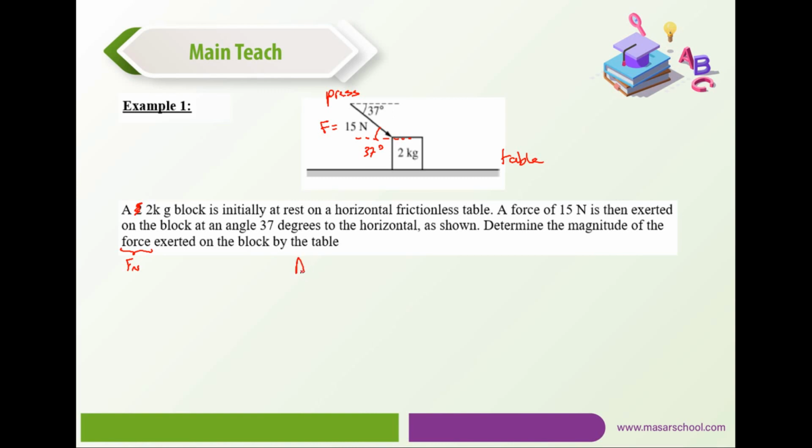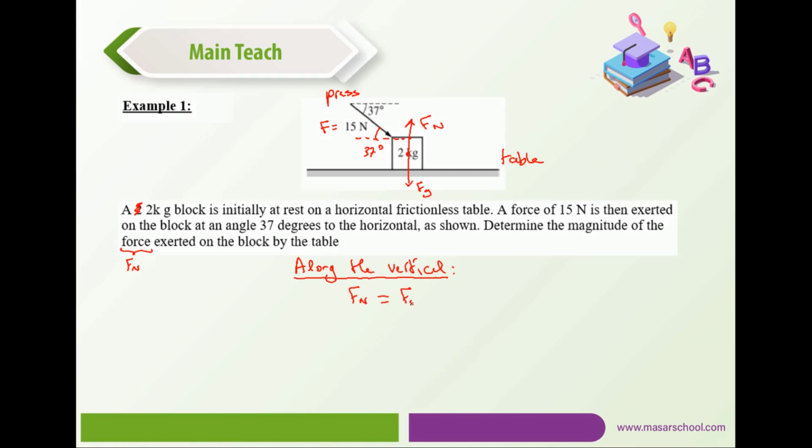And now we can say that along the vertical, what do we have? So basically, let me also here draw the pull of gravity, which is down, and the normal push, which is up. So what are the forces that are acting up? We have the normal push is up, and it's being balanced by the forces that are down.